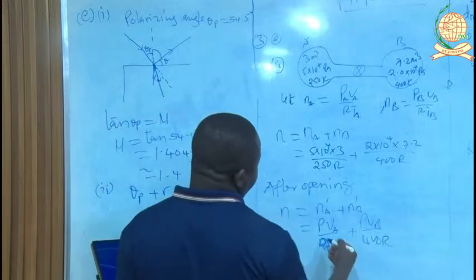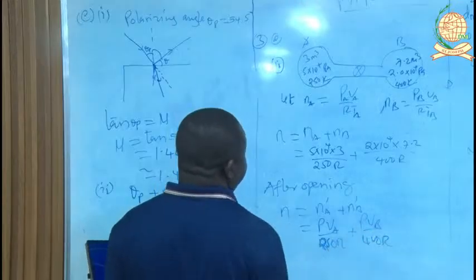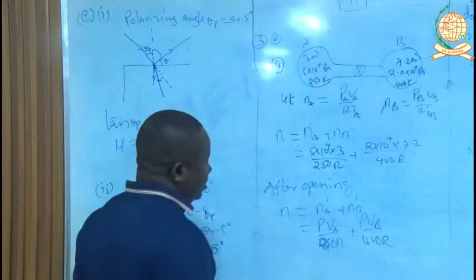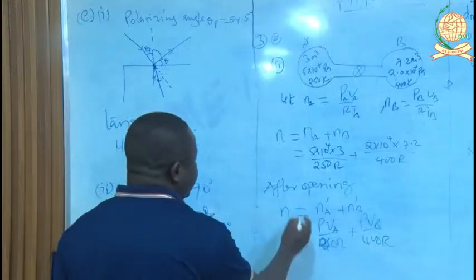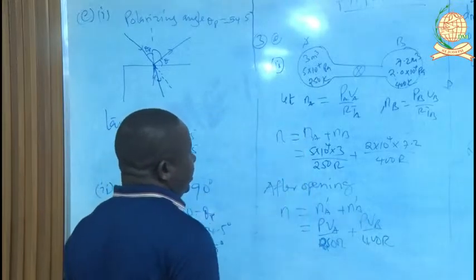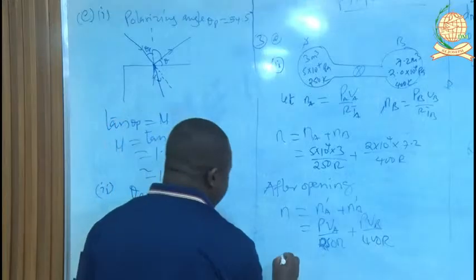So after getting, we have this V_A and V_B because the container does not change its volume, but only the pressure we don't know.